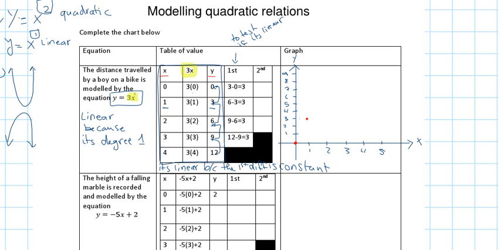This is where my 1, 3 point is. How about my third point? Where is it? 2, 6, right? So 2, and I have to go up to the 6, so it's going to be about here. And then 3, 9, so again 3 all the way to the 9.